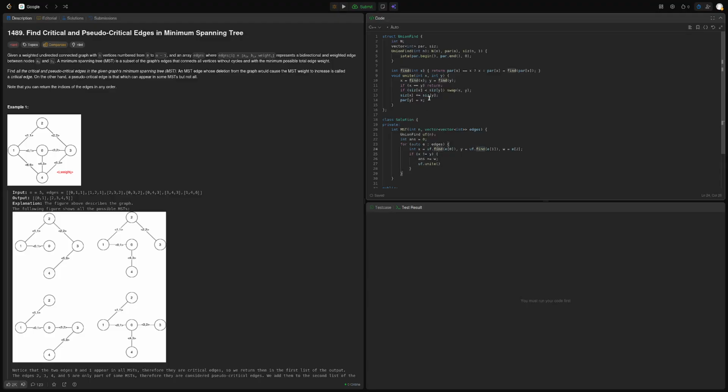Maybe I should simplify this. So this function will return whether they united, and then what I can do is just if UF unite E0, E1, E2. Okay, so MST is as simple as that.